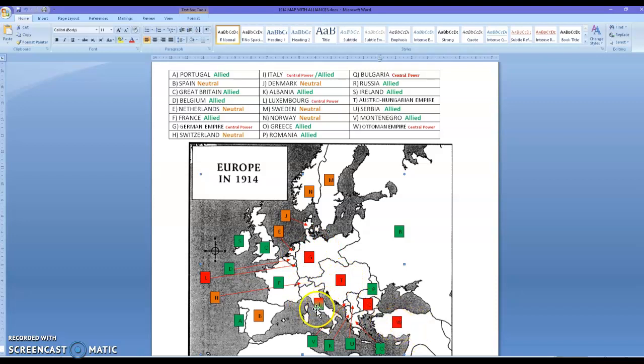But they were one of the founding members; when they say triple, this was the third part of that triple. However, about 2 years into the war, they kind of didn't like the way things were going, and so their president went to Britain, had a secret meeting with the British Prime Minister, changed sides, and then went back to Italy.